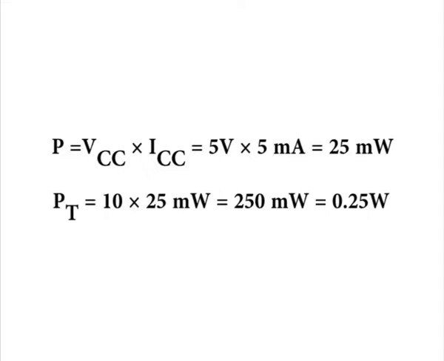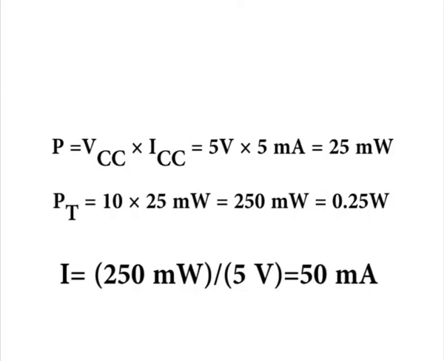If the flip-flops operate on plus 5 volt DC, then the amount of current that the supply must provide is equal to 250 milliwatts divided by 5 volts, which is equal to 50 milliamperes. You must use a plus 5 volt DC supply that is capable of providing at least 50 milliamperes of current.